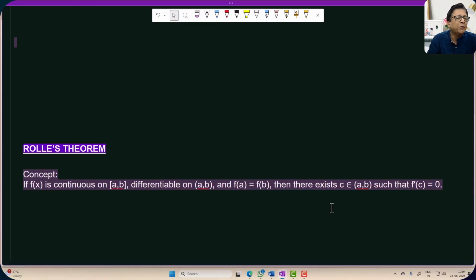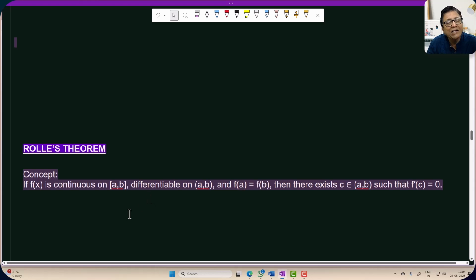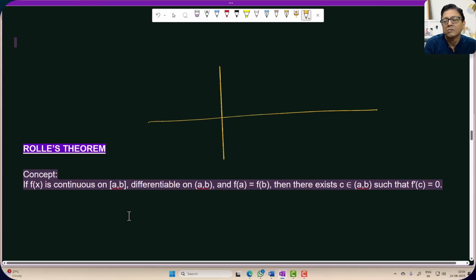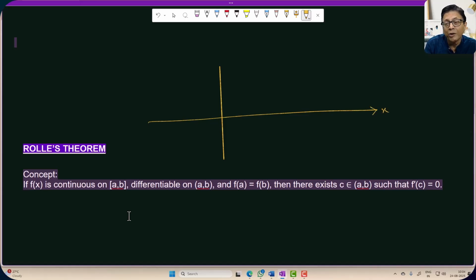but unfortunately this is not included in the board syllabus. Few years back it was there, now it is not. Just let me show you one thing before we start. We are discussing algebraic equations, okay? When we do calculus, we will use the same theorem over there.